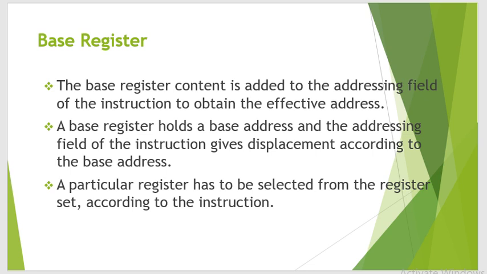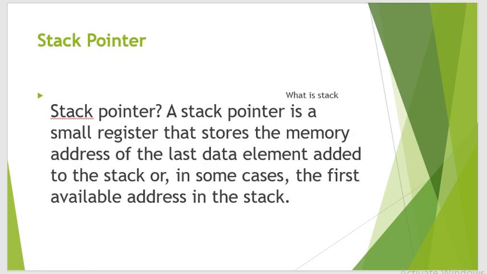A base register holds a base address, and the addressing field of instructions gives the displacement according to the base address. A particular register has to be selected from the register set according to the instruction. So the next key point is the stack pointer. What do you mean by stack pointer?